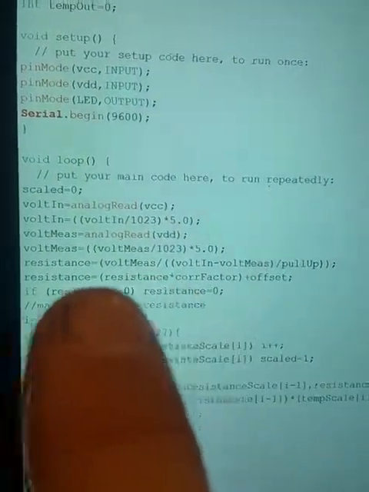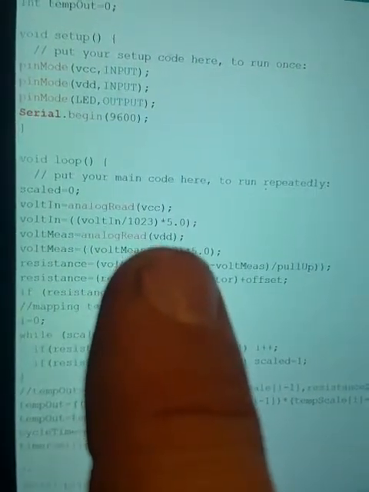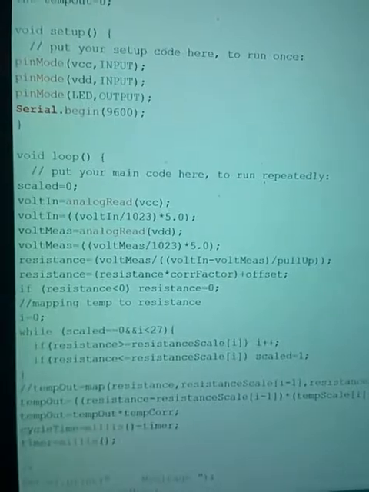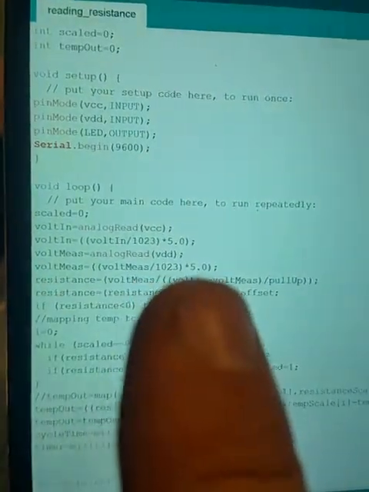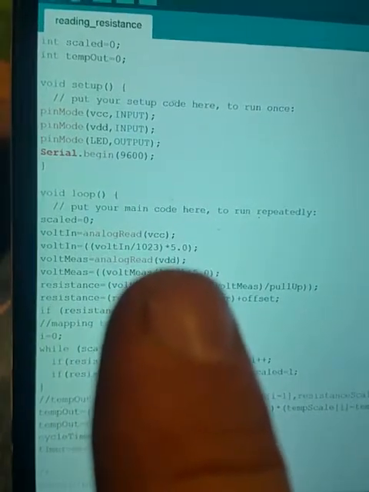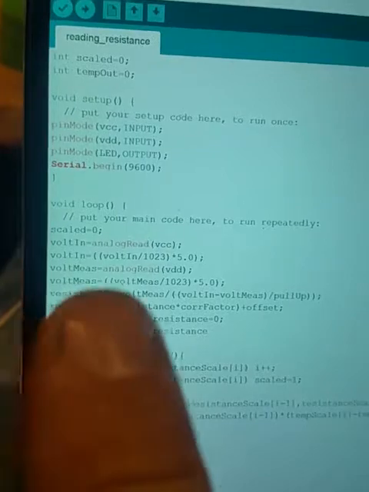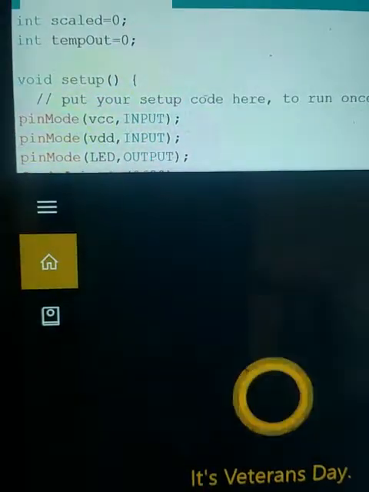So it maintains accuracy. Then we measure the voltage in the voltage divider between those two resistors, the temperature sensor and the pull-up resistor. We then calculate it and turn it into a voltage, because this right here is going to read it as a digital 0 to 1023. This voltage measured right here turns it into an actual voltage.